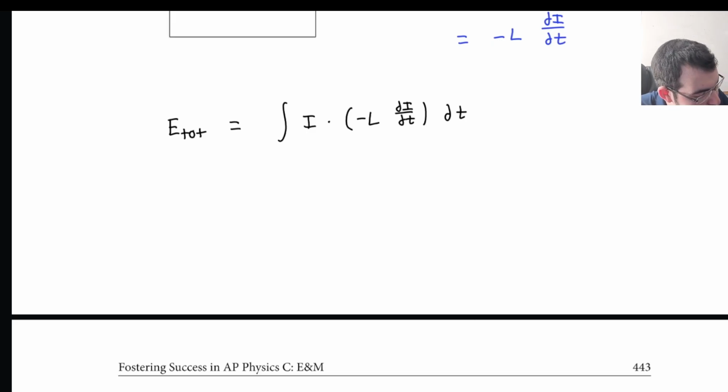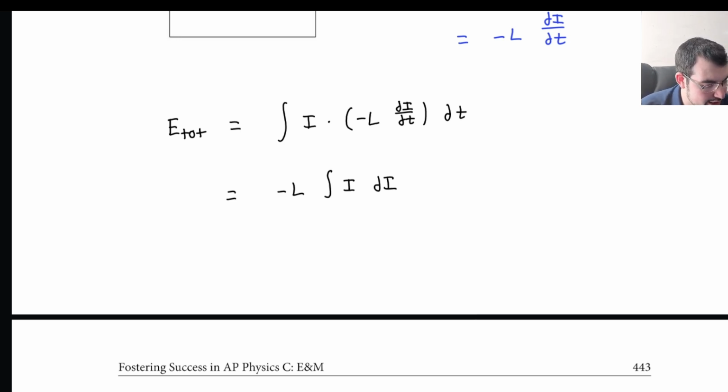There's a dt in the numerator and a dt in the denominator, and that cancels. Also L is a constant, so let's pull out the negative L. So we get negative L times the integral of I times di. And now we can see where the formula is going to come from.